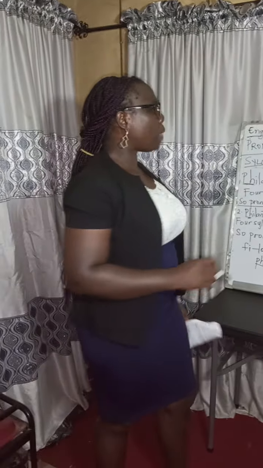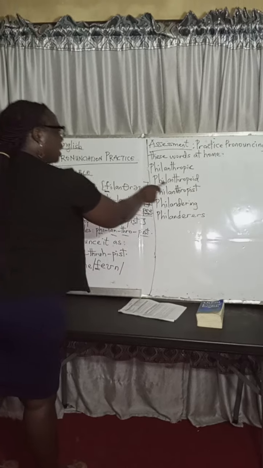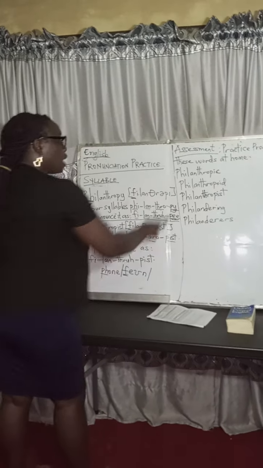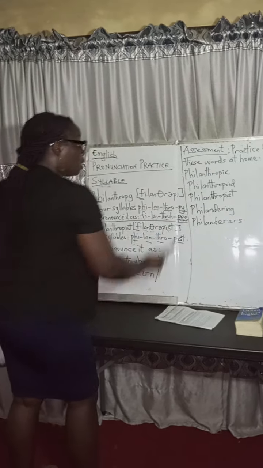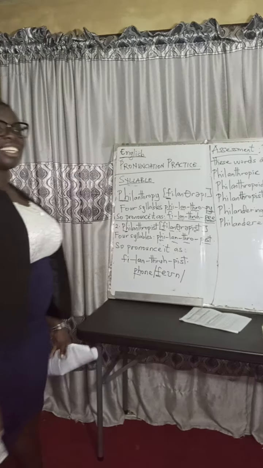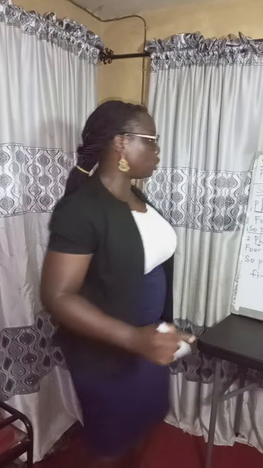So when you get home, you're going to continue from there. You're going to be practicing these words at home: philanthropic, philanthropoid, philanthropist, philandering, philanderer. Now you listen to me, you say your speaking is so well. I have practiced over and over again. I want you to do the same.